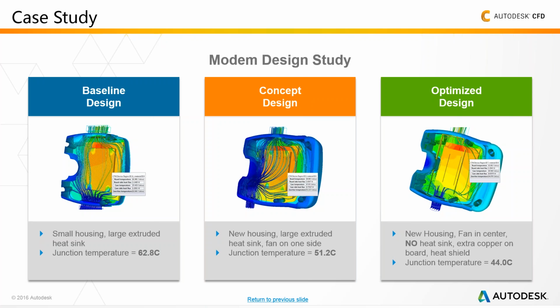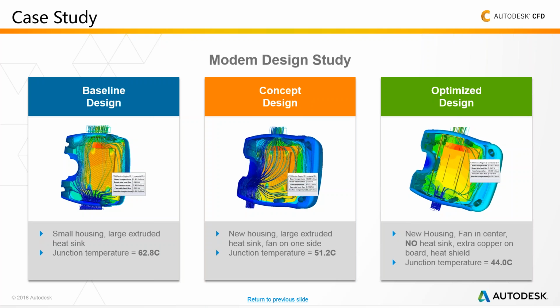The new concept design was featuring a larger housing, a larger extruded heat sink, and forced flow with a fan on one side, in a bid to divert more airflow over the critical device. This was useful in reducing the temperature to 51.2 degrees Celsius, but still this was considered too high for that critical component.